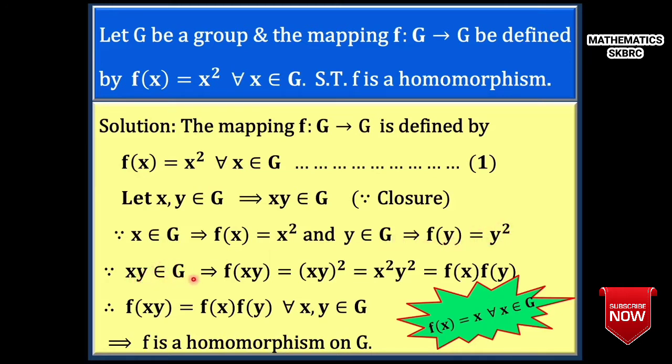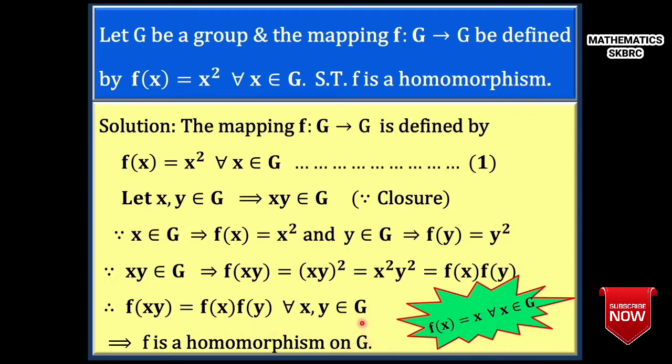Since XY belongs to G, F of XY is equal to XY whole square, that is equal to X square into Y square, that is equal to F of X into F of Y. Therefore, F of XY is equal to F of X into F of Y for all X, Y belongs to G. That gives F is a homomorphism on a group.